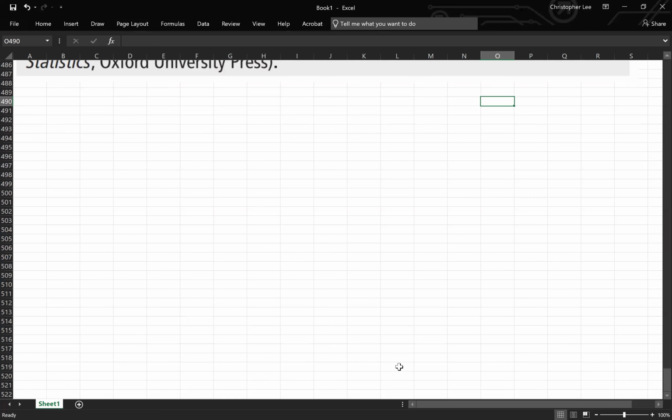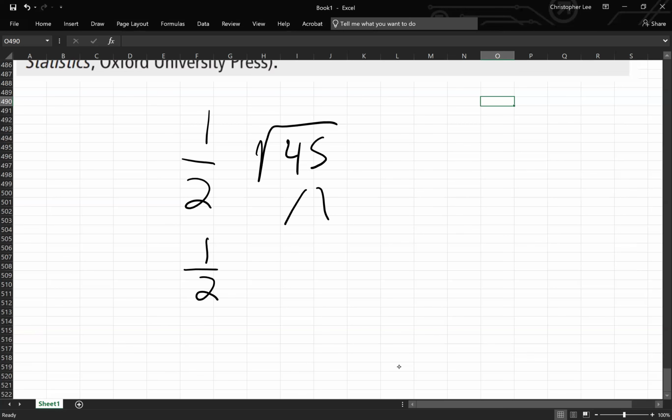You got 1/2 and then square root 45, right? What's the largest perfect square that goes into square root 45? 5 times what? Nine. 9, right? So this becomes 1/2, and we're breaking this down: square root 9 times square root 5.